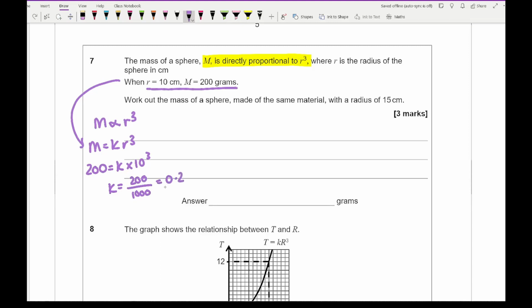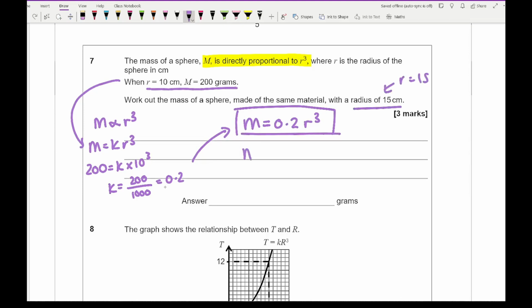So from this I can then work out the formula. So m equals 0.2 r cubed. Then using this formula and knowing that r equals 15, m is going to equal 0.2 times 15 cubed. And if I type that all into my calculator, I get an answer of 675.